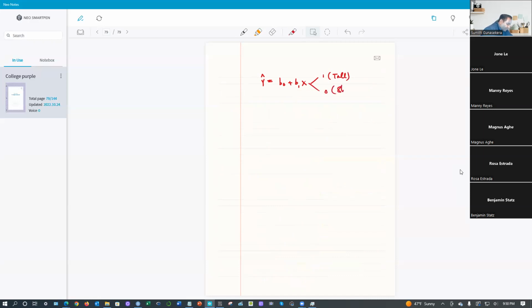So the error this time is y minus y hat. You're going to say thumb length minus average thumb. Whose average?